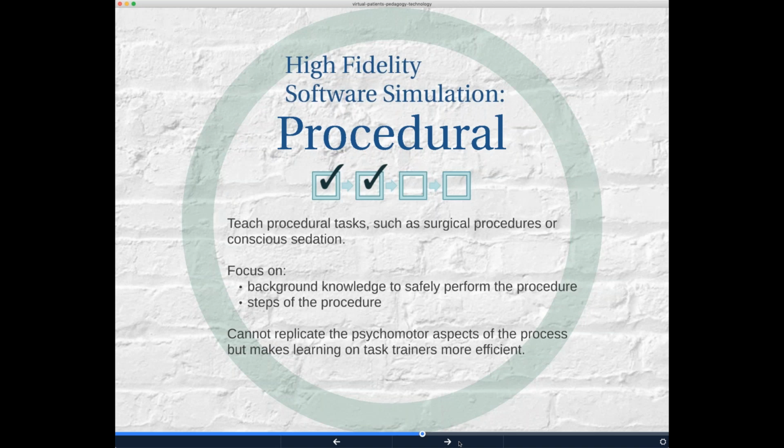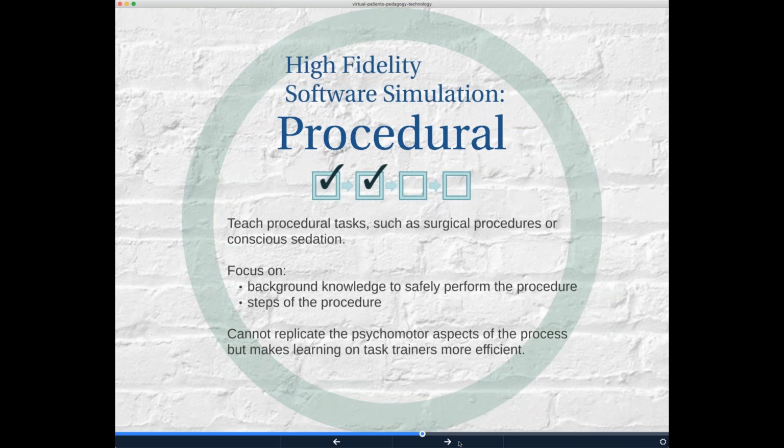Some of these platforms are actually getting quite sophisticated and quite good. What they can teach can range from things that are pure manual procedures, such as surgery, to things that involve a little more decision making and monitoring of the patient as you go through, like conscious sedation.